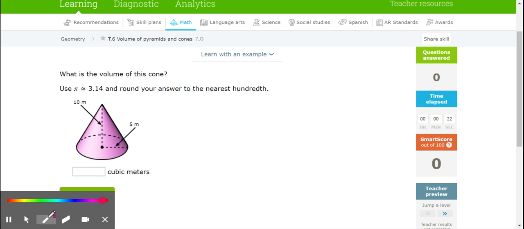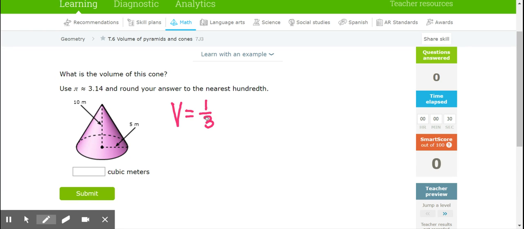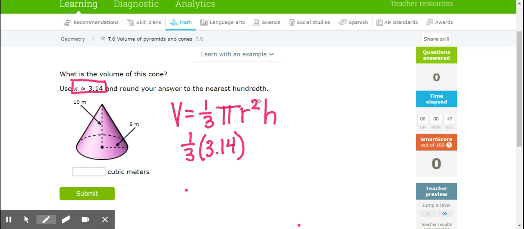Okay, so the first thing you're going to do is write down the formula for volume of a cone, which is volume equals 1/3 times pi r squared h. They want us to use 3.14 for pi, so I'm going to bring down the 1/3 and substitute 3.14 in for my pi. Now I need to find my r squared.